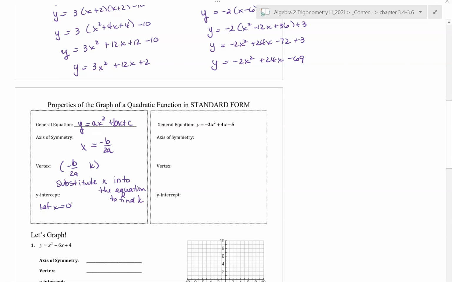So let's go ahead and practice with y equals negative 2x squared plus 4x minus 5. I'm going to find the axes of symmetry. So notice my a is negative 2, the b is 4, and the c is negative 5. So I have x equals the opposite of 4 over 2 times negative 2, so x equals 1. So to find the vertex, I'm going to substitute 1 into the equation for x, and I will find the y-coordinate of the vertex.